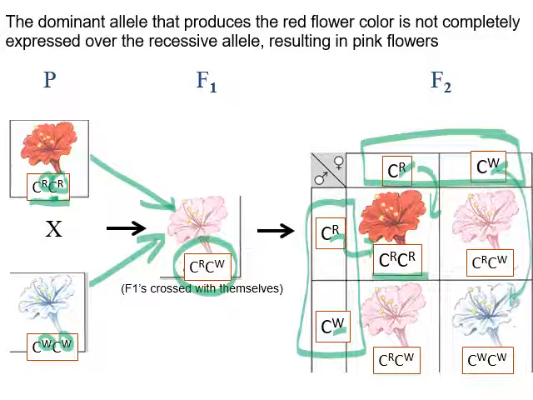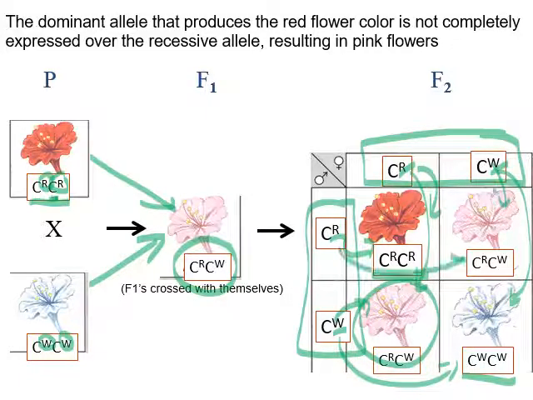The white alleles would combine and you'd get 25% of the offspring as white, and then you'd have the red and the white combining, and that happening twice, so 50% of the offspring would be pink.